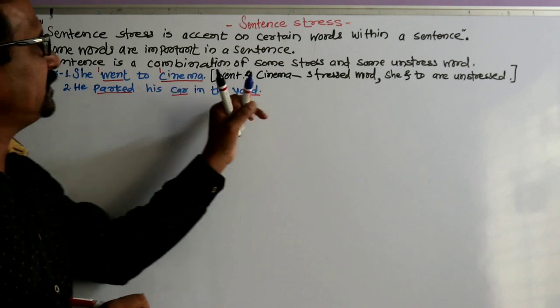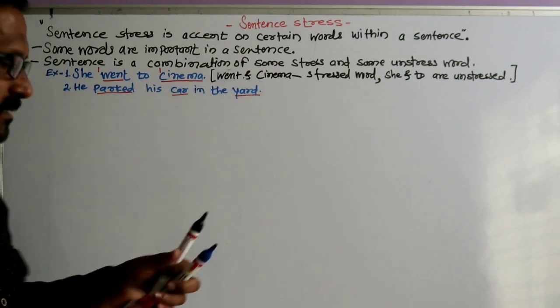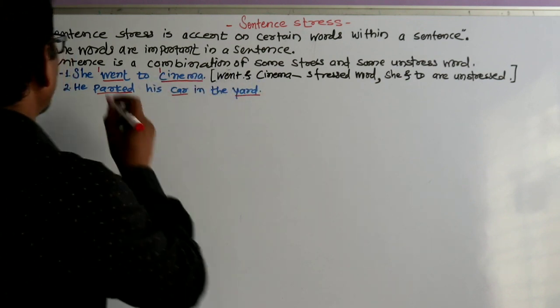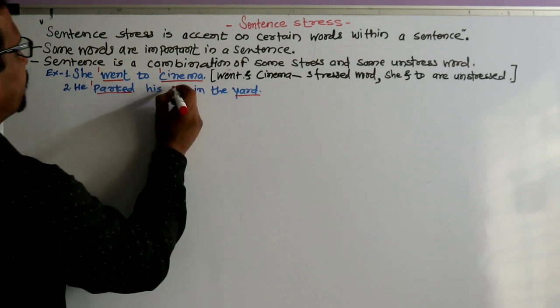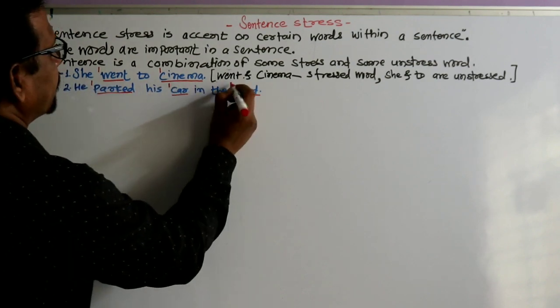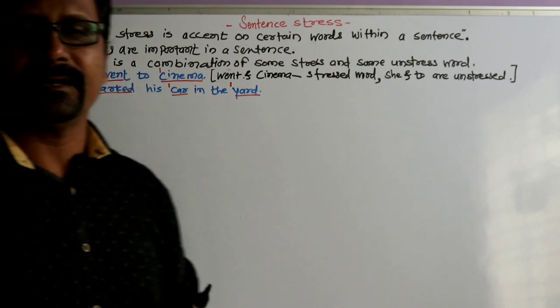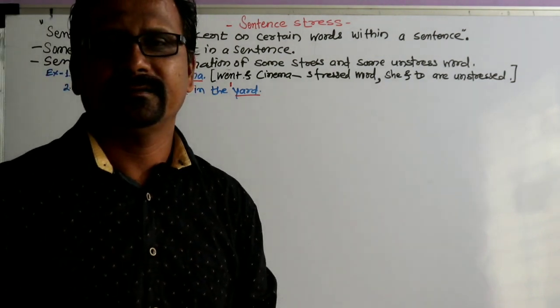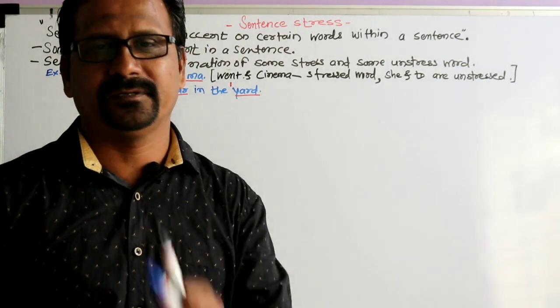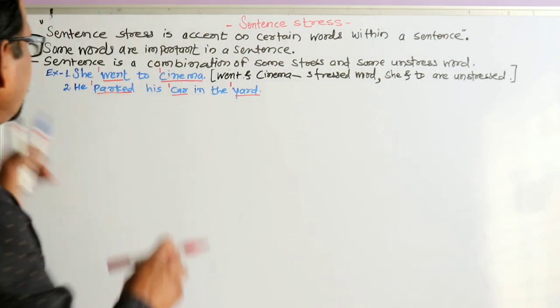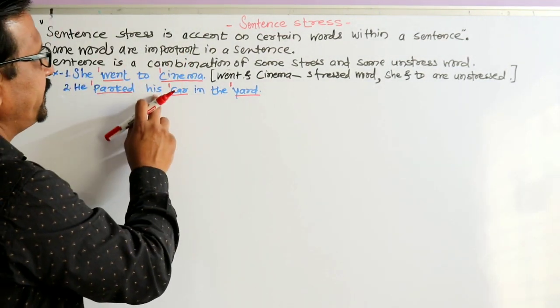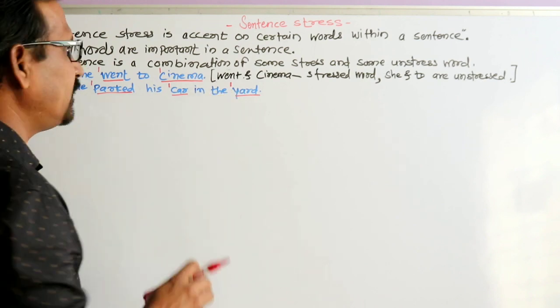Park, car, yard. These are the trace words. So trace is given to them. Three words are important there: park, car, and yard. So these are the trace words, and the remaining ones such as he, his, in, the, these are untraced words.